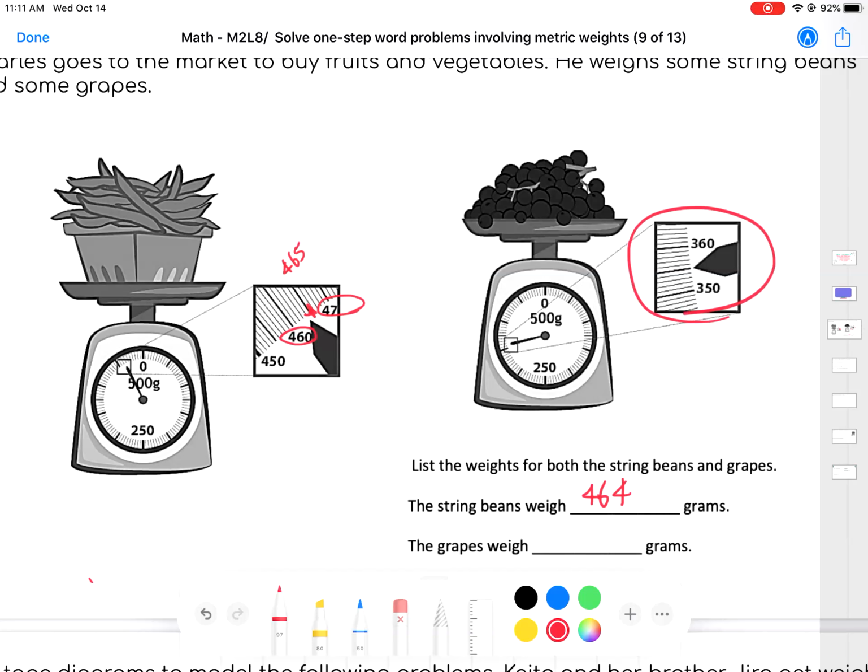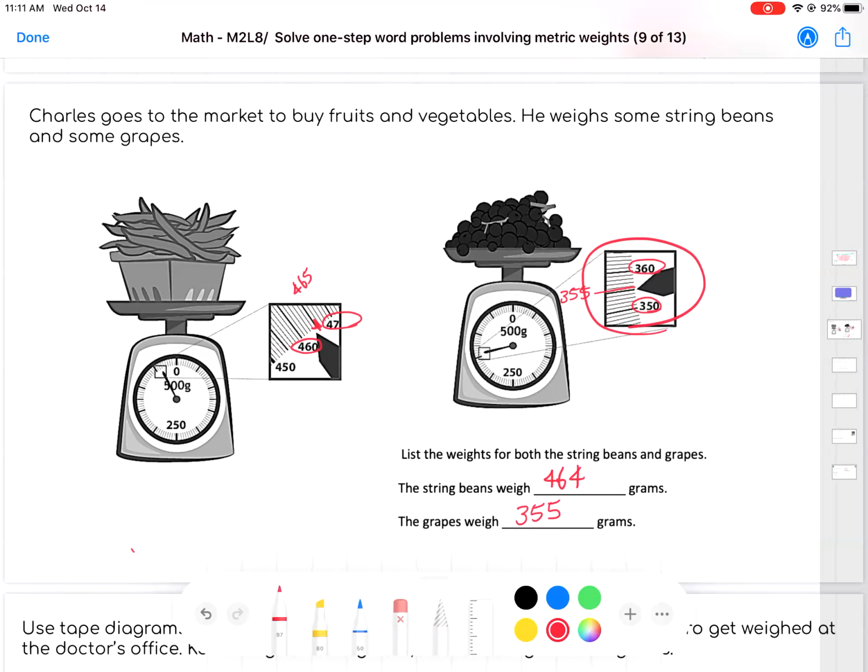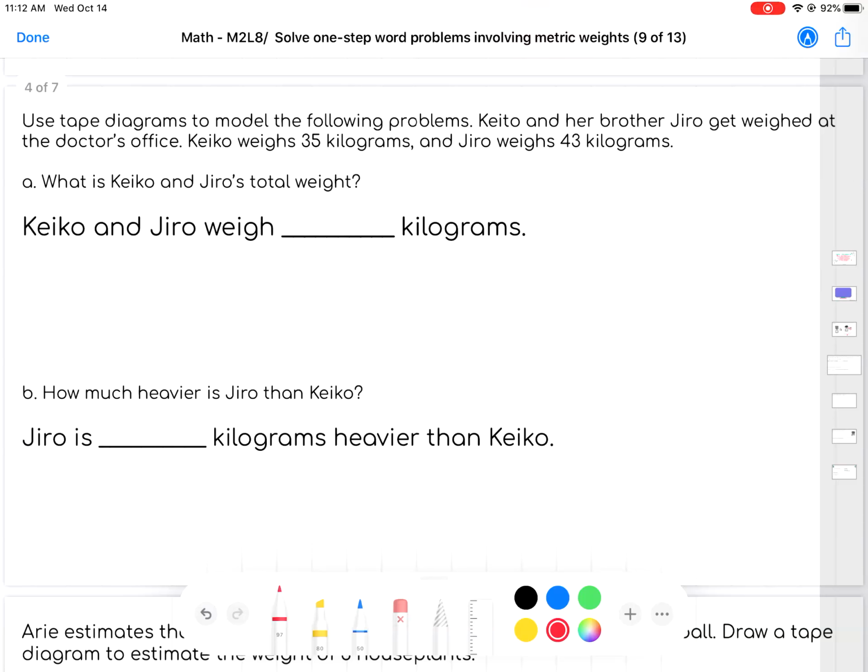Now let's move on to the second scale. When we look at the scale, we know that it lies somewhere between 350 and 360. And the middle point is 355, and our pointer is right on 355. So that's how we read our scales. Let's move on to the next question.